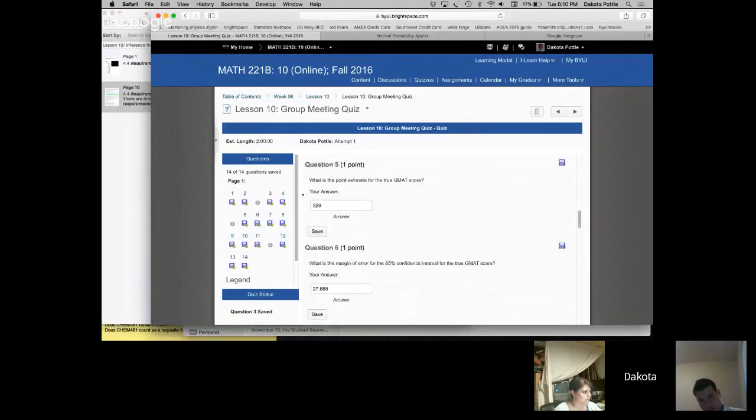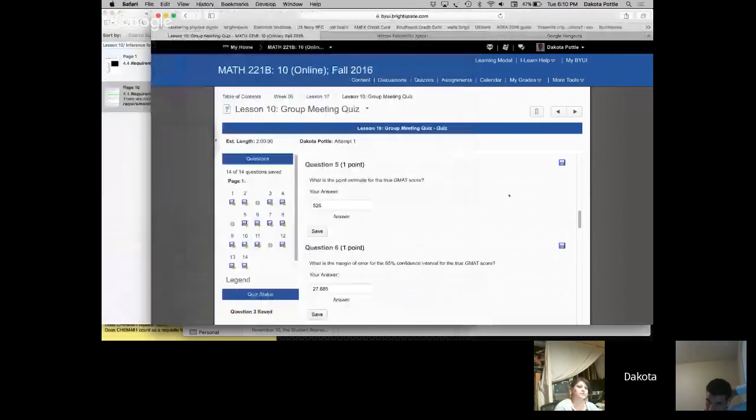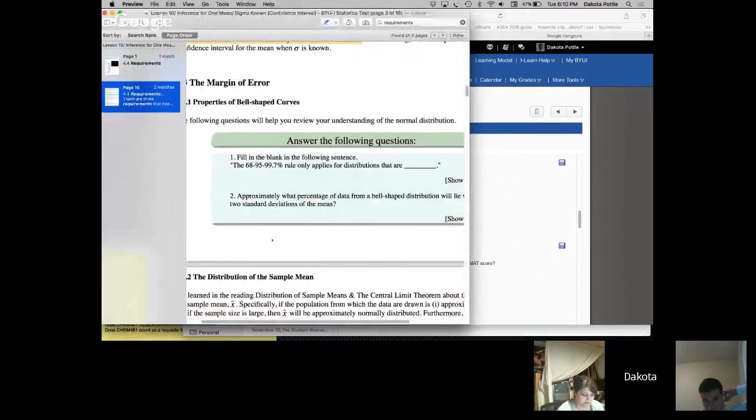For number 5, I got 526. That's what I got. I got 526. Just a standard number, 526? What was the formula that you used? Let me find it in the book here. They're looking for the point estimate, and the way you do the point estimate is there's no formula. It's given to you.